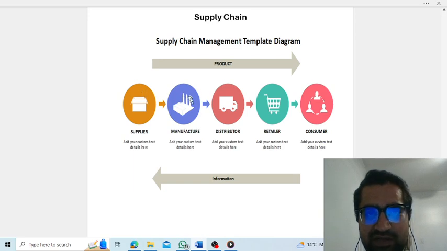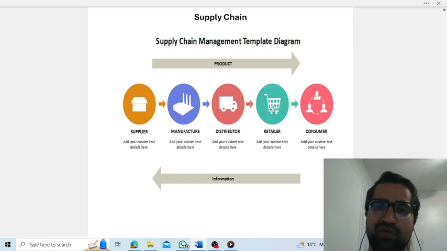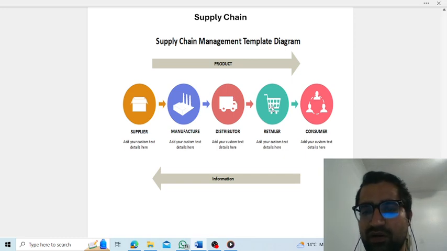The manufacturer uses the raw materials and turns them into finished goods, and the finished goods go to the distributor, and the distributor supplies them to the Walmart retail house, and the guy goes to Walmart and buys that product. That's why I'm the consumer. So this is the product flow.